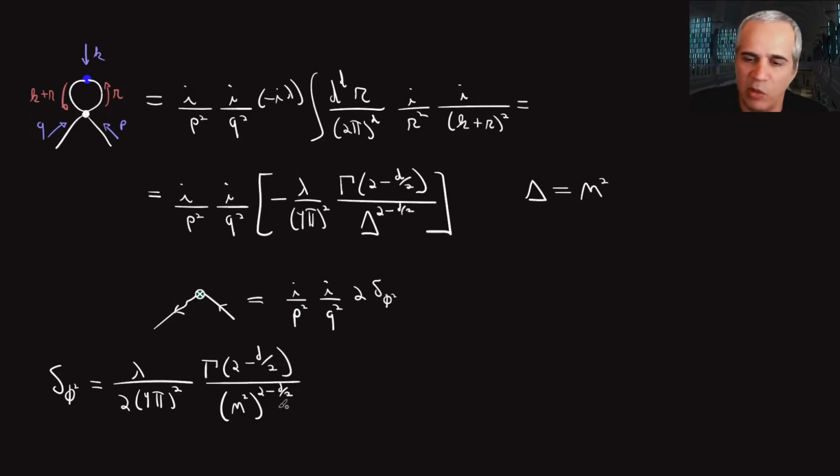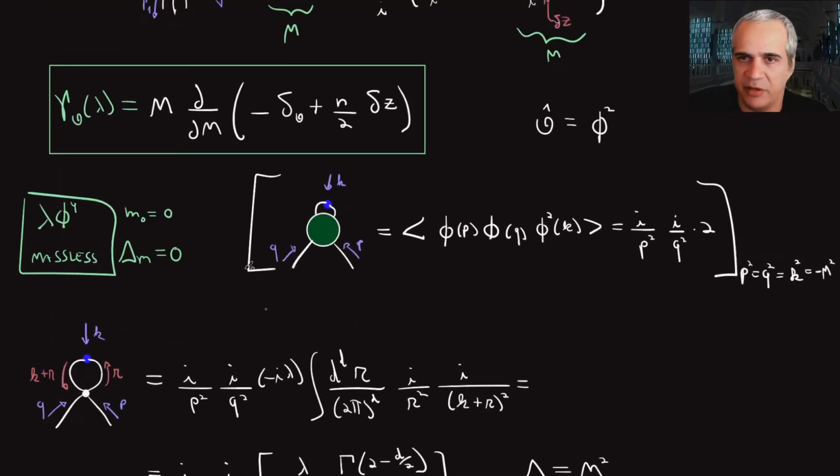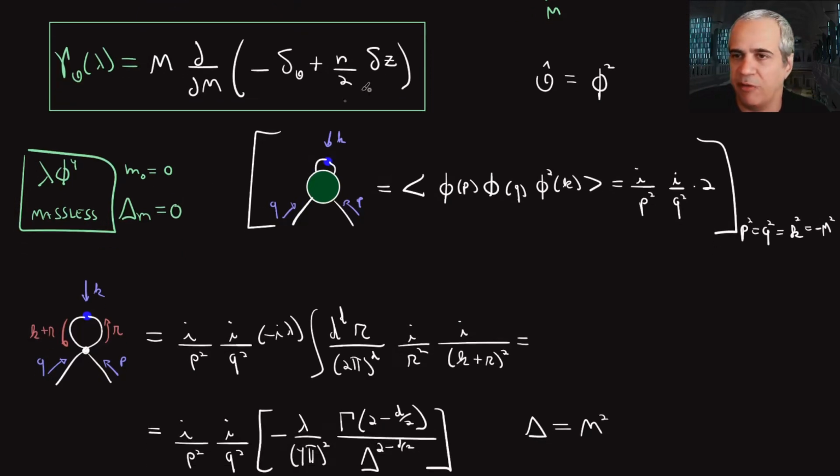And since I'm only really interested in the divergent part, because that's the part that depends on the renormalization scale, I can do this very quickly and not worry about anything else. Now, if I want to get the dependency on m, I want to use this specific formula here to get the gamma for this operator. We know that in lambda phi 4, delta z is 0 at leading order, so we don't have to worry about delta z.